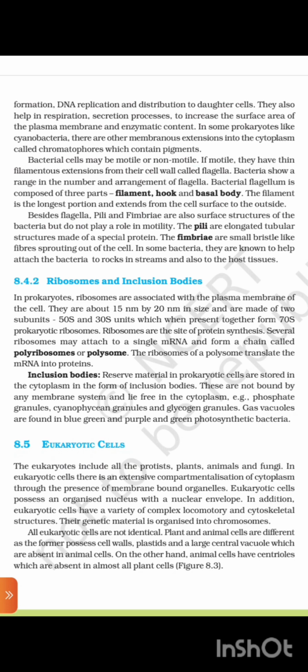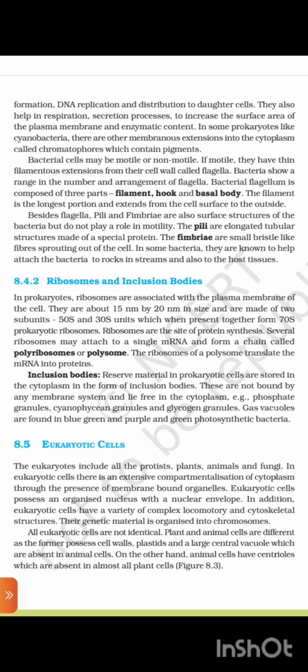Besides flagella, pili and fimbriae are also surface structures of the bacteria but do not play a major role in motility. The pili are elongated tubular structures made of a special protein. The fimbriae are small bristle-like fibers sprouting out of the cell. In some bacteria, they are known to help attach the bacteria to rock in streams and also to host tissue.